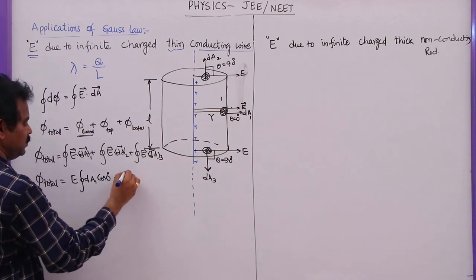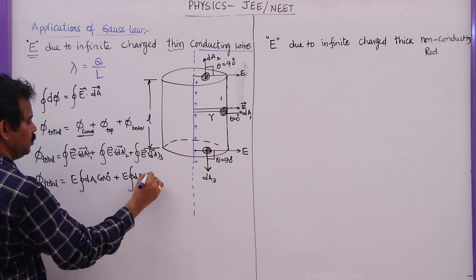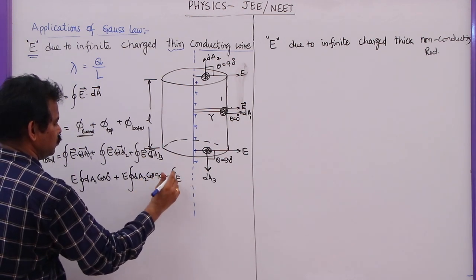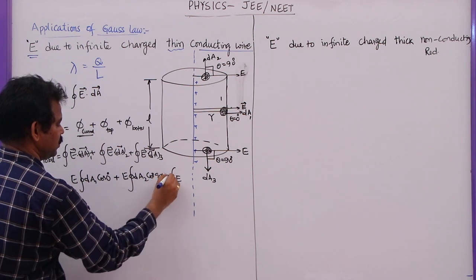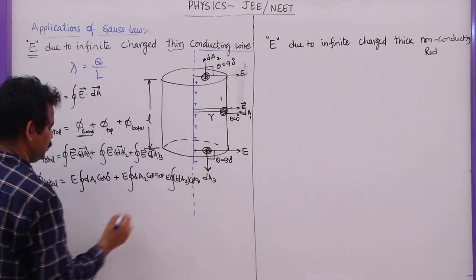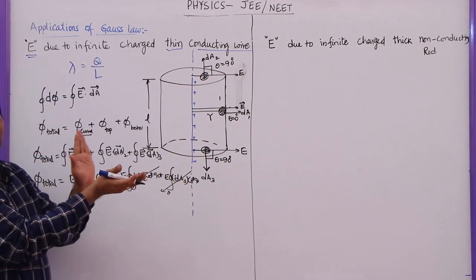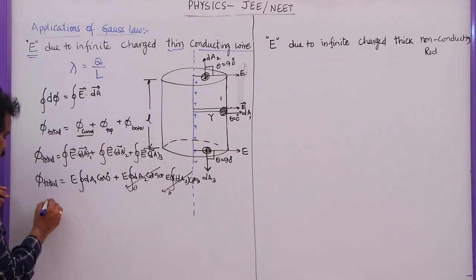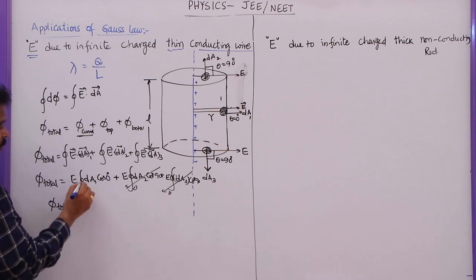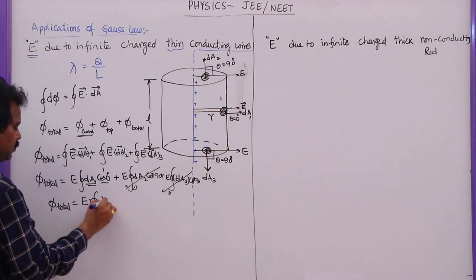Plus E integral dA2 cos 90, plus E integral dA3 cos 90. This will become 0 and this will become 0, as the field and area vector are perpendicular to each other. So the total flux in this case is E into the integral of dA, since cos 0 is 1.